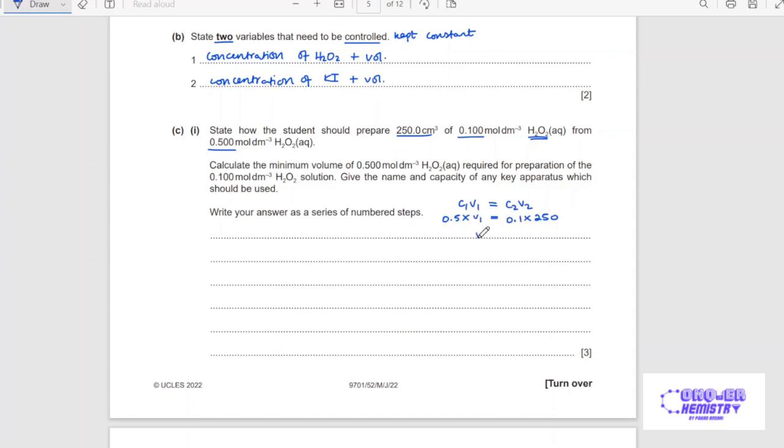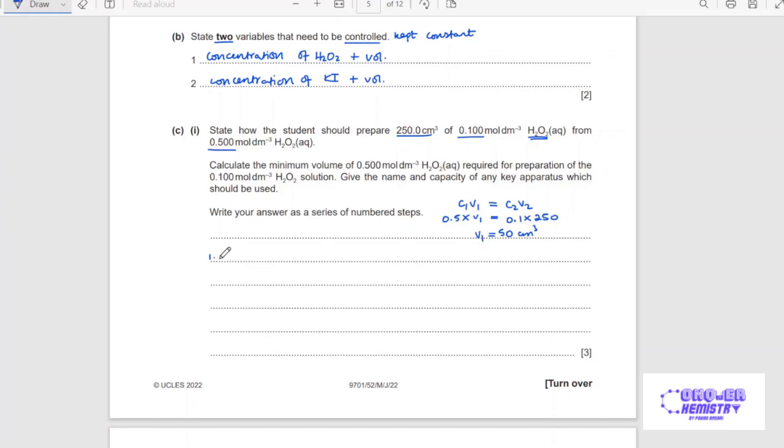Now we can rearrange this, and V1 turns out to be 50 cubic centimeters. Now we need to make sure that we use the most accurate pieces of equipment possible for making a solution. So we will use a burette to measure this out.